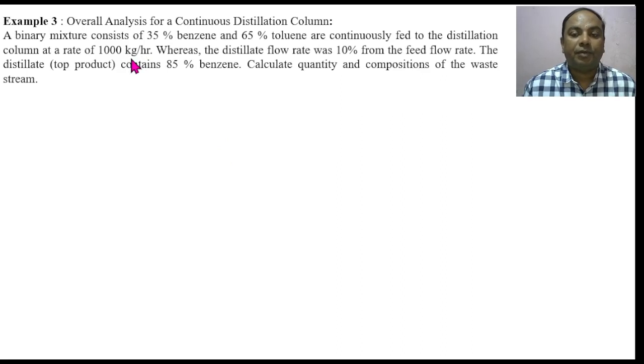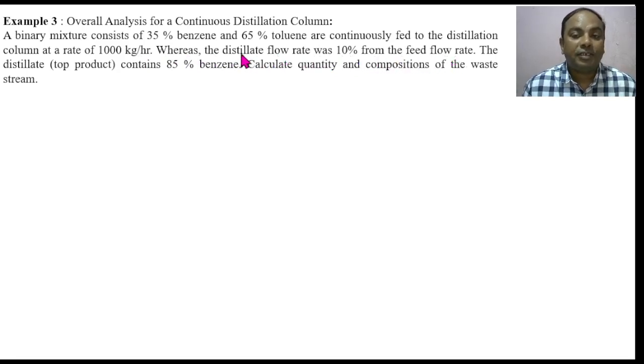A feed mixture comprising benzene and toluene is fed to the distillation column, and its composition is 35% benzene and 65% toluene. That is the composition of this binary mixture. Whereas the distillate flow rate is 10% of the feed flow rate.